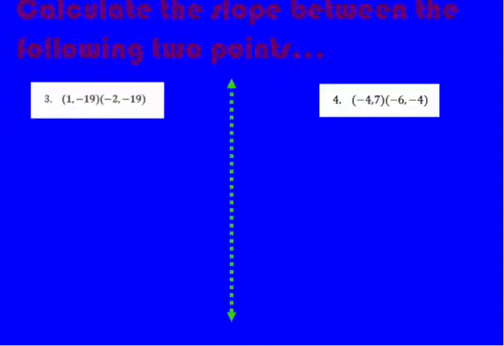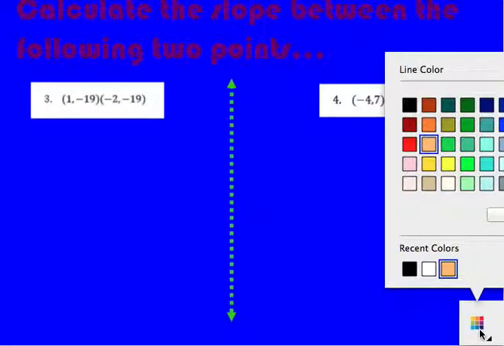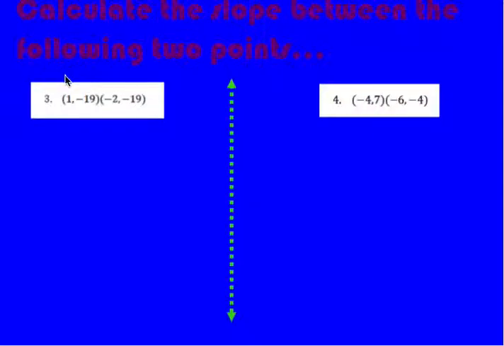Now, let's take a look at number 3. For number 3, again, I want to label my x1 and my y1 and so forth. You need to have an x and a y in every single parenthesis. So I have x1, y1, x2, y2. Now to calculate this, I have y2 minus y1. Again, I'm subtracting a negative, so I'm going to change that to plus a positive.